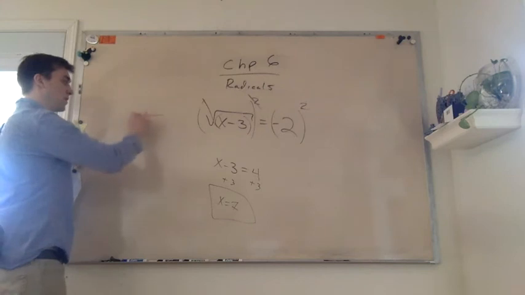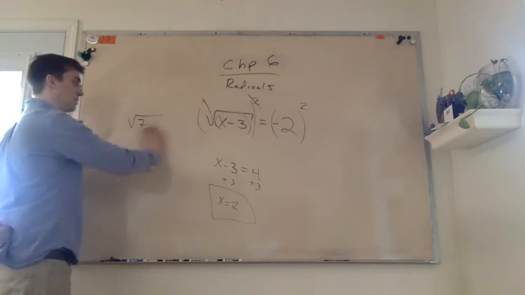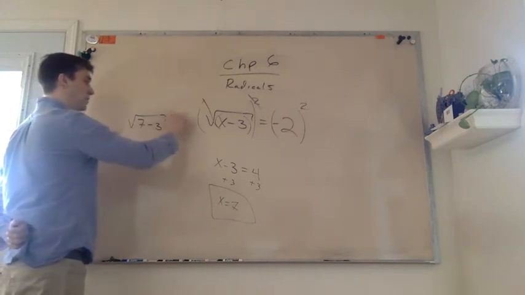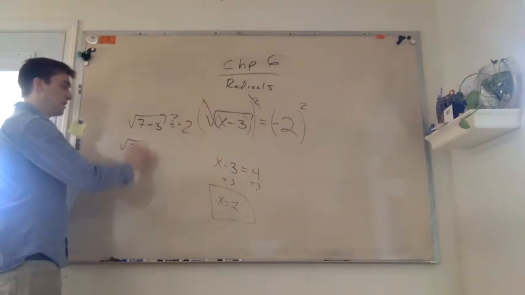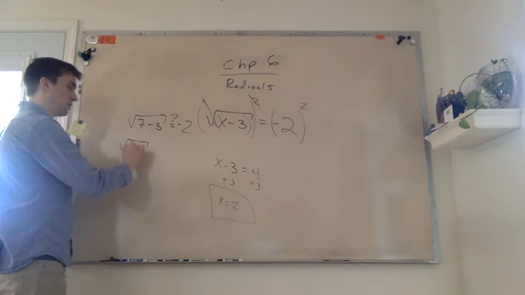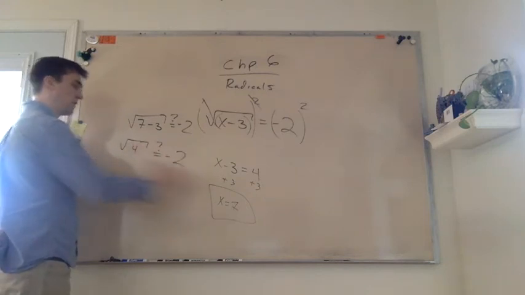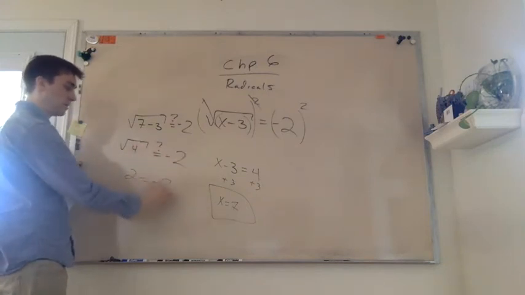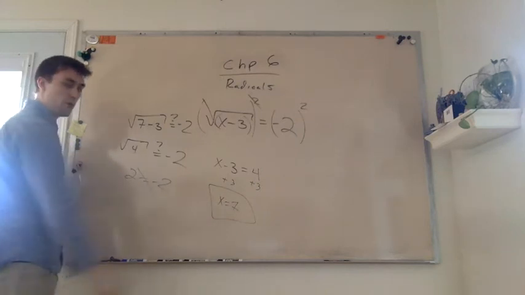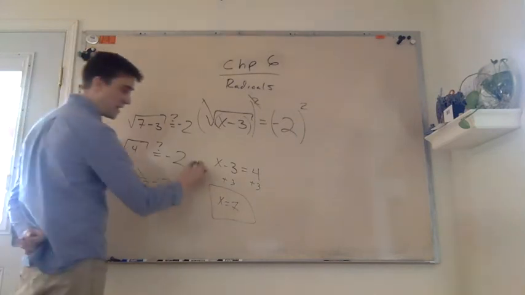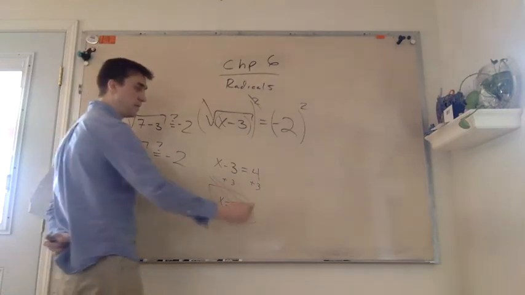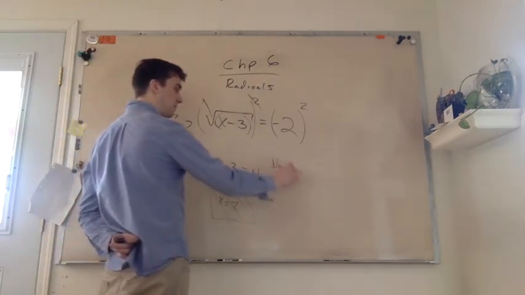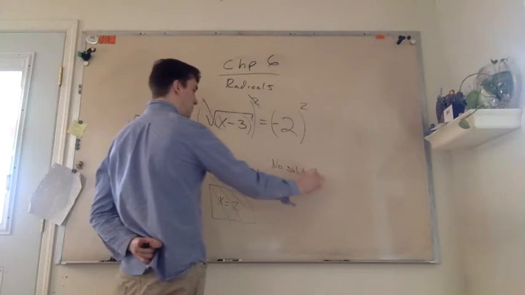Is the square root of 7 minus 3 equal to negative 2? Square root of 7 minus 3 is 4. Is the square root of 4 equal to negative 2? No, it's not. So that is an erroneous solution. That is not the solution. And there is, in fact, no solution.